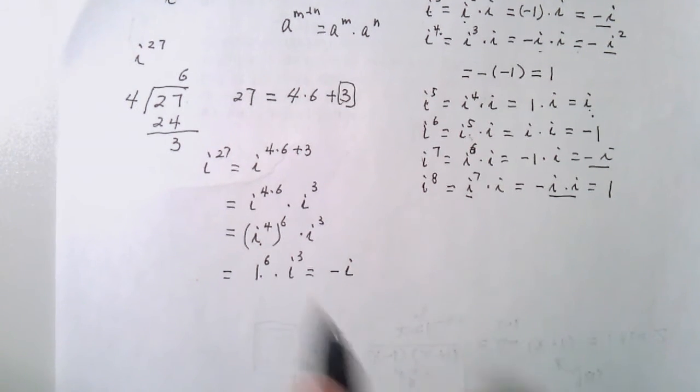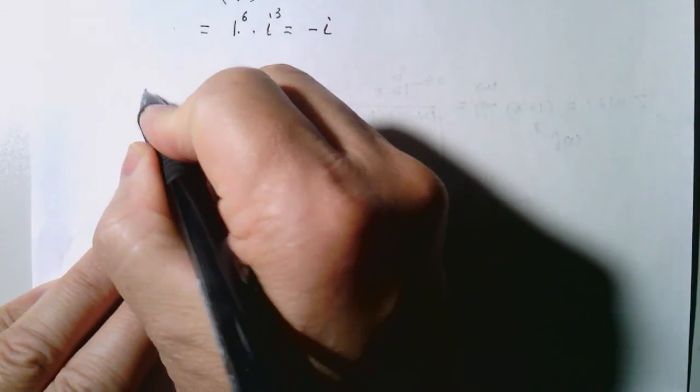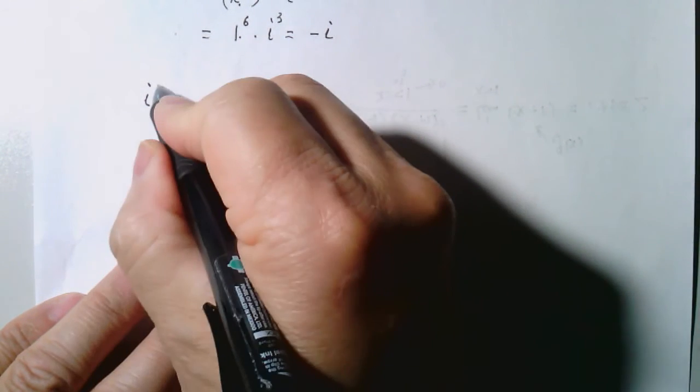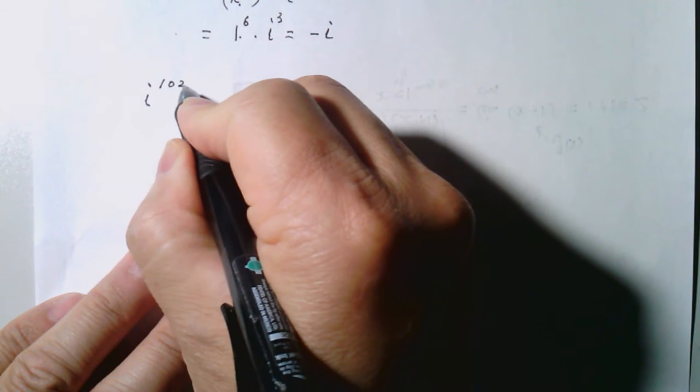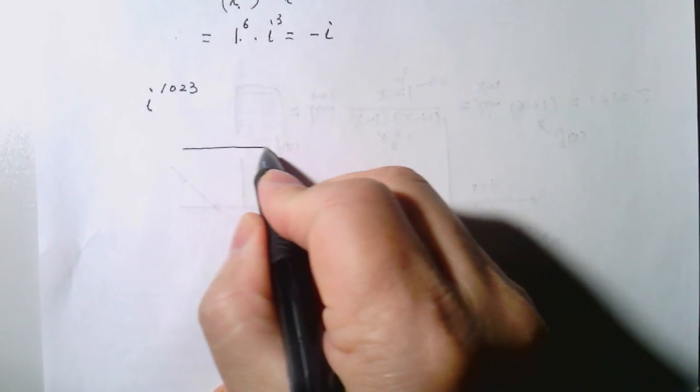Okay, so that's how we solve a problem like this. Here's another example, because if you have a large number, i raised to 1023, that is a pretty big number. So I go ahead and use the same thing.